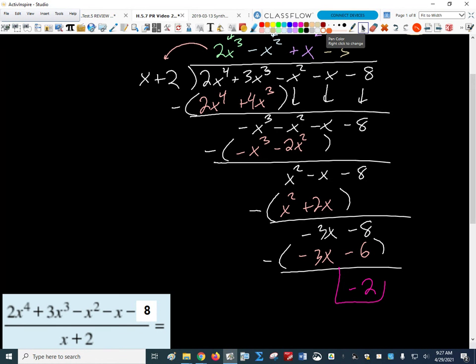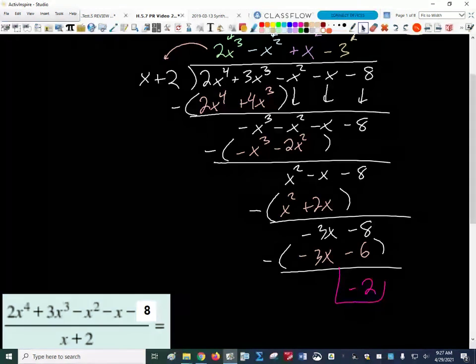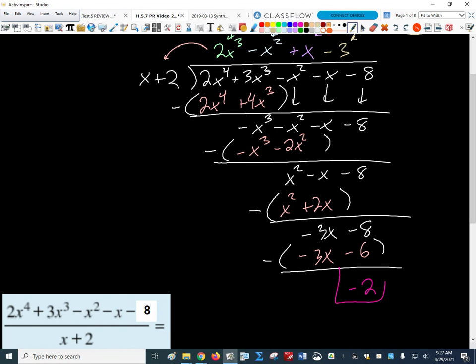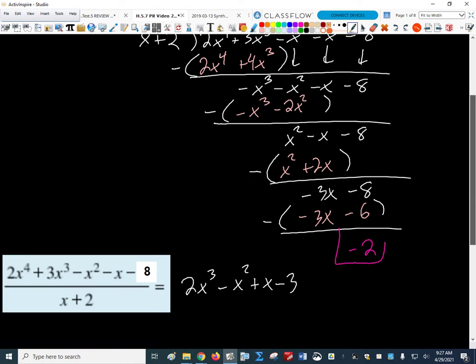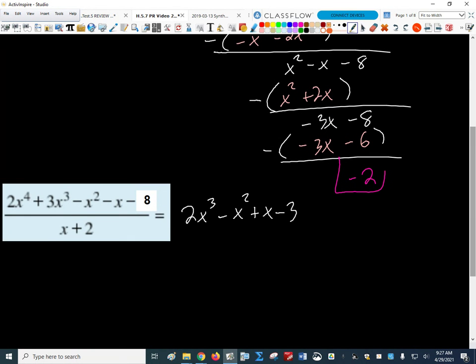So I'm getting it's equal to 2x cubed minus x squared plus x minus 3. And then I got a remainder of negative 2, right? So I'm going to end up with my remainder term that I'm adding.